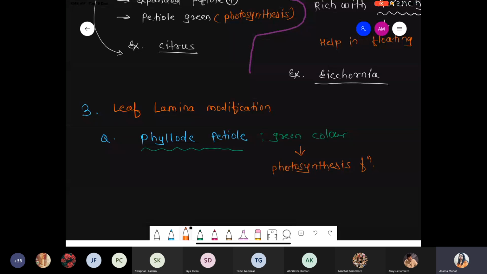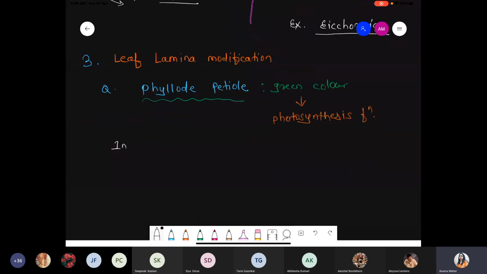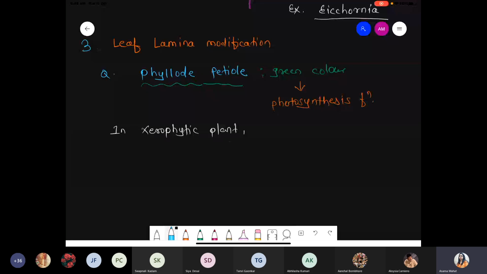Okay, so I'm writing some information, please write down. So we are talking about xerophytic plant condition. In xerophytic plant, or you can say in case of the desert condition, to reduce water loss, leaf lamina undergo reduction, they undergo the process of modification.